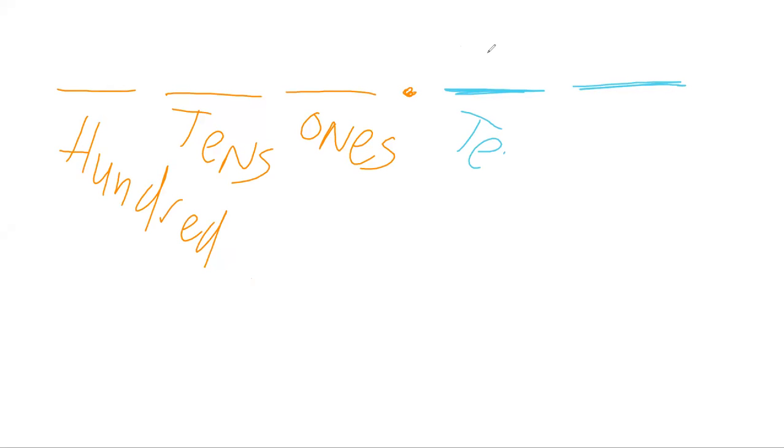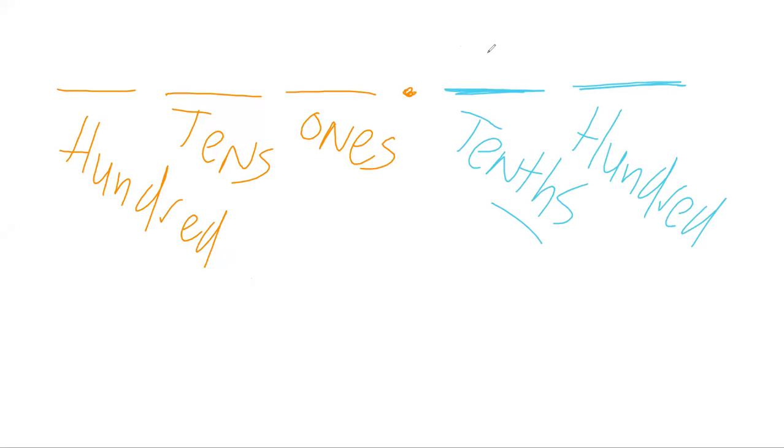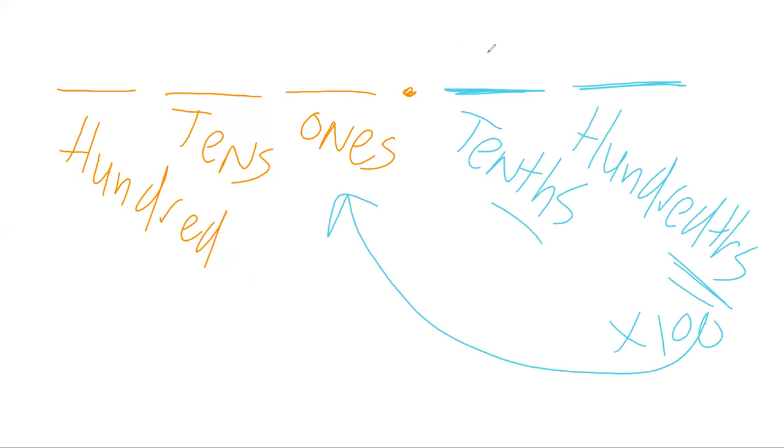We have the tenths place, and we have the hundredths place. And these are called hundredths because it takes 100 of these to equal one whole. And these are the tenths because it takes 10 of these to equal one whole, right? So that's really what these are about.